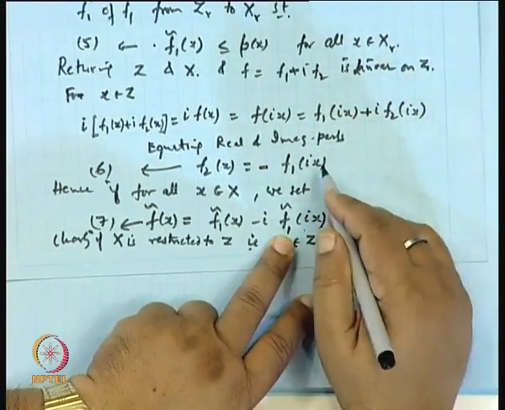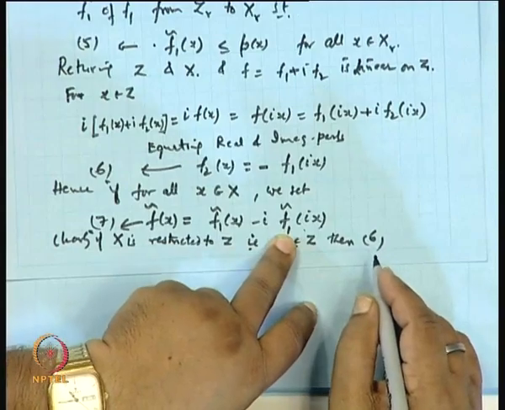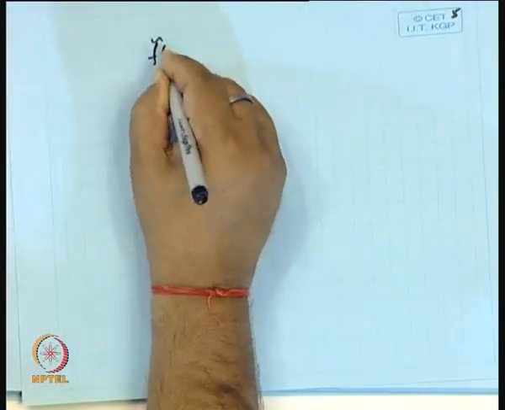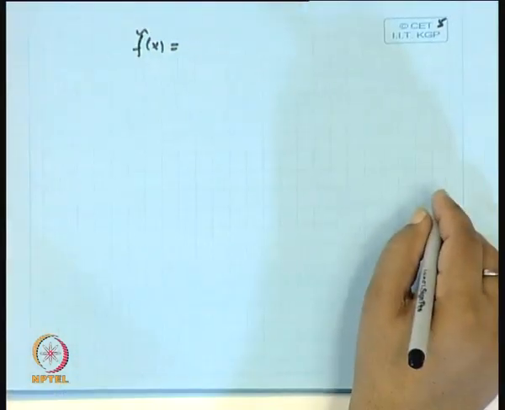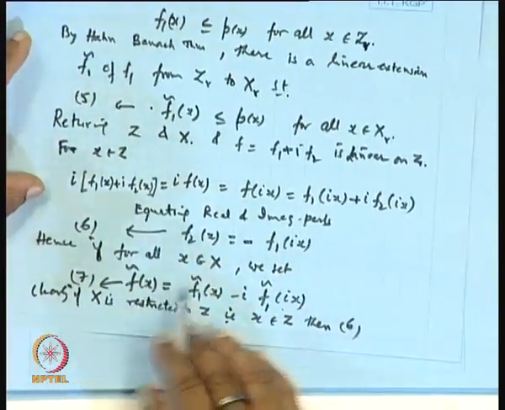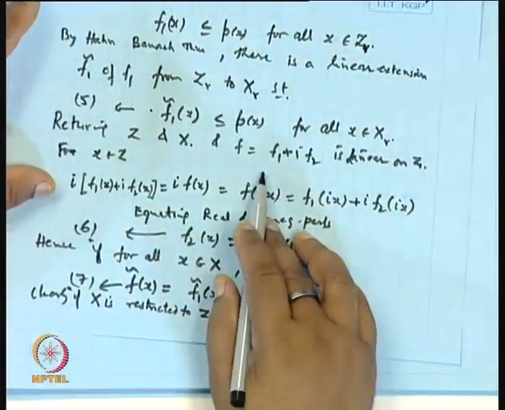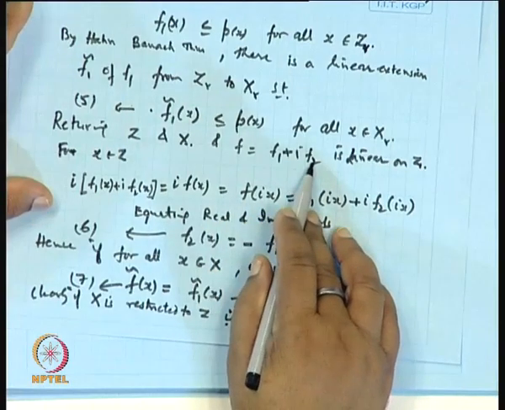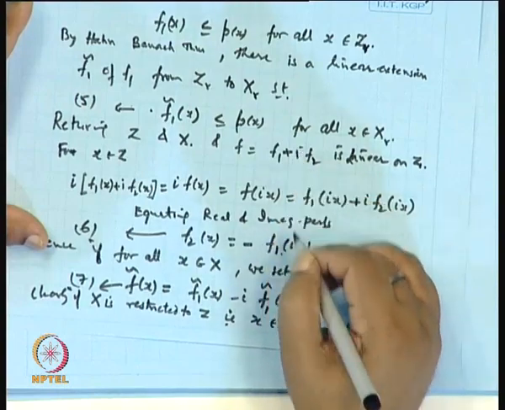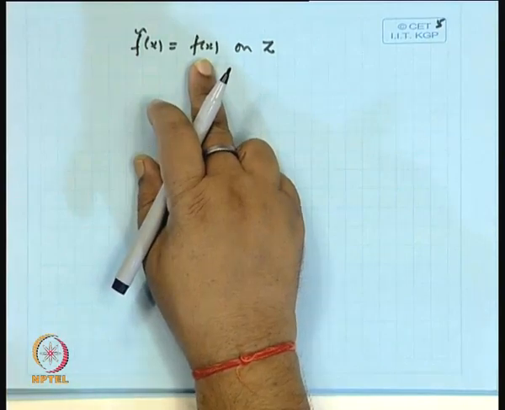So, whenever x is in Z, then we can say that f delta(x) equals f(x) on Z, is it not? Because the f(x) we introduced in this fashion, when f2 is replaced by this, then the 7th reduces to this part, and we get x belongs to Z, then f delta(x) equals f(x).